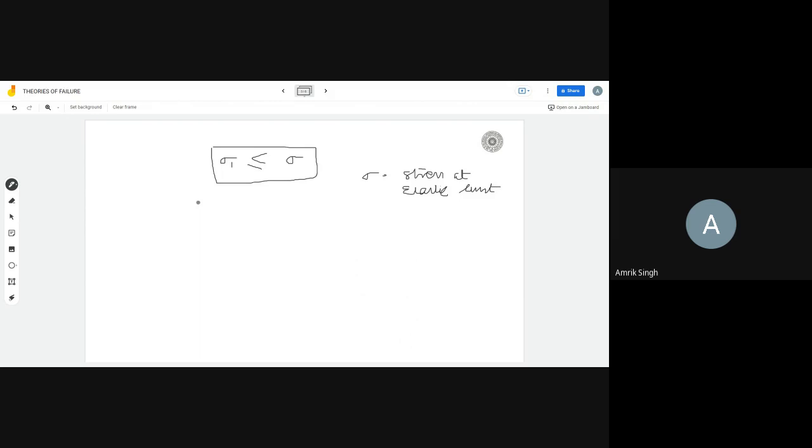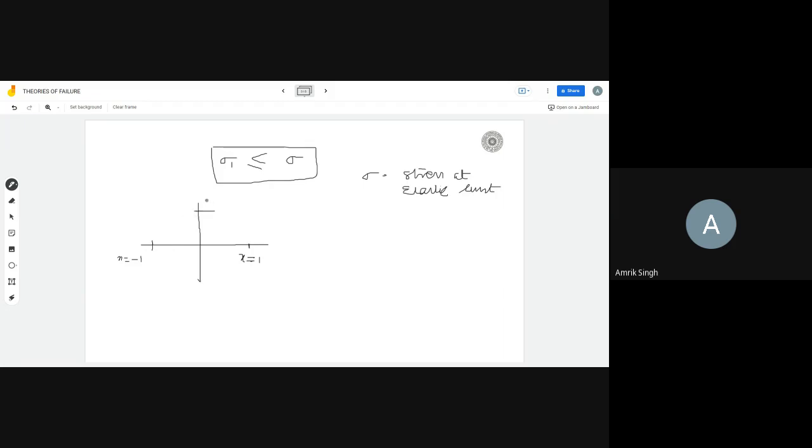So if you plot this graphically, then here x is equal to 1 and here x is equal to minus 1.